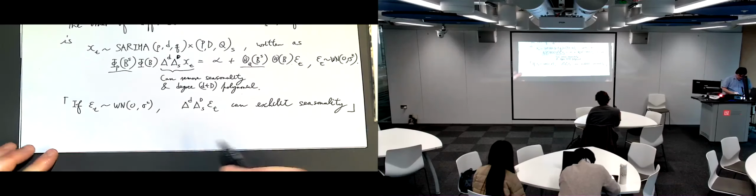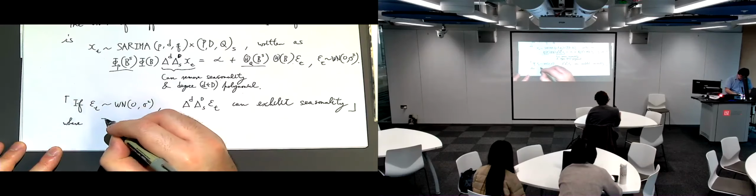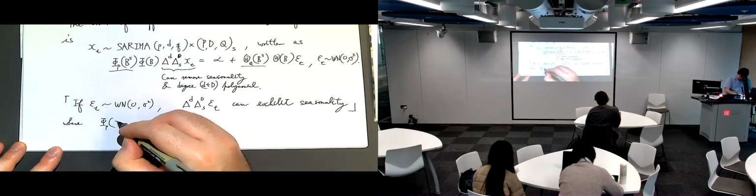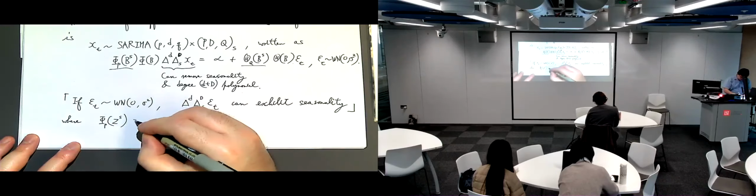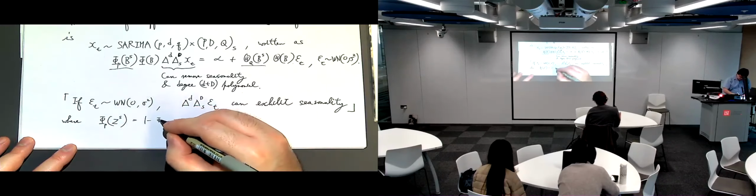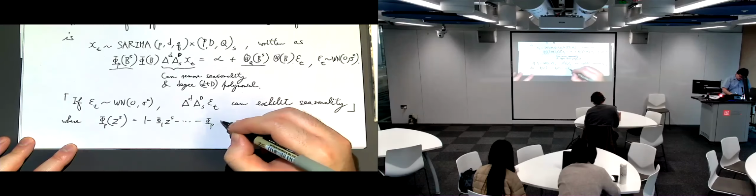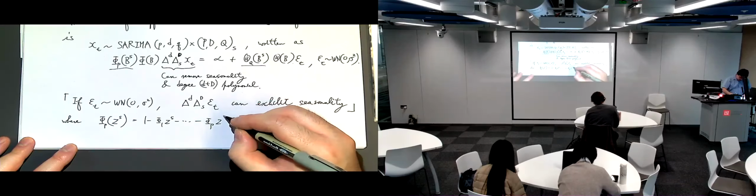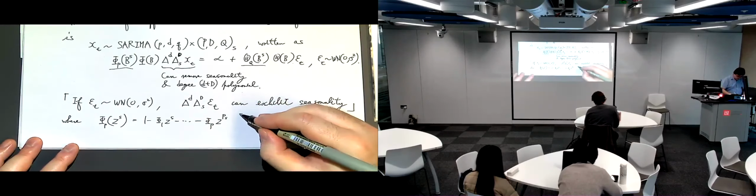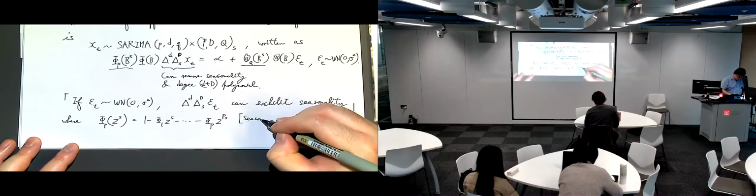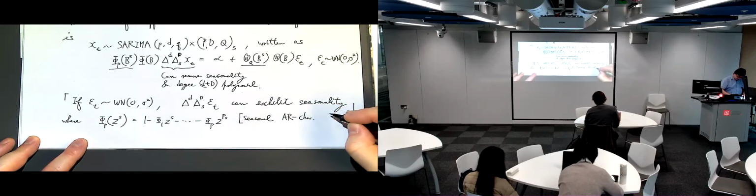So what are they? So let me give you some terminology. So this is phi p here. As a polynomial in z to the power s is 1 minus, let's say phi 1 z to the power s minus up to phi big P z to the power big P times little s. So it's a high degree polynomial, so this is called the seasonal AR characteristic polynomial.